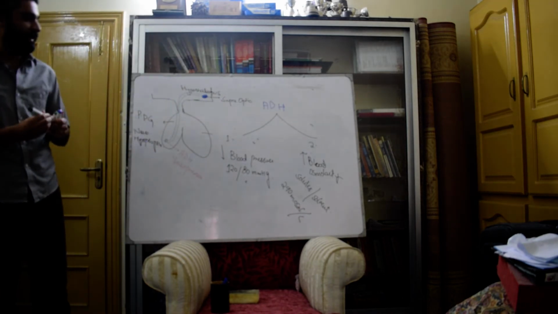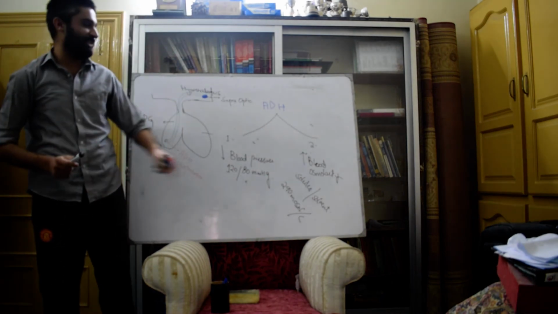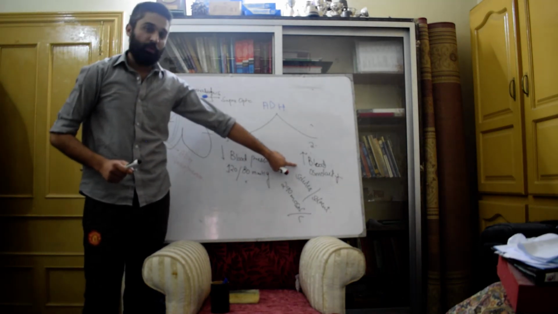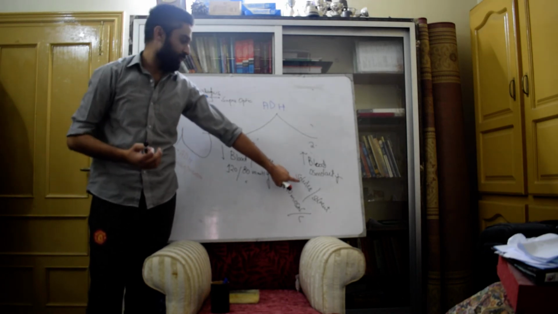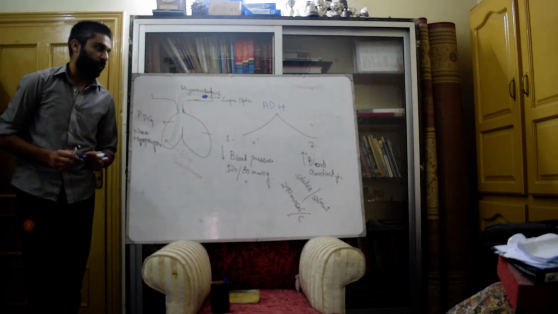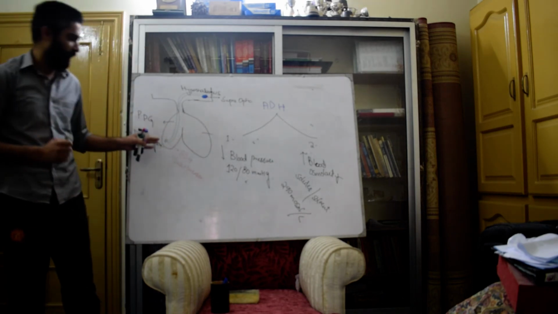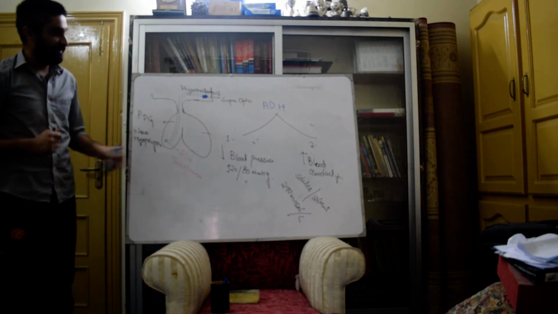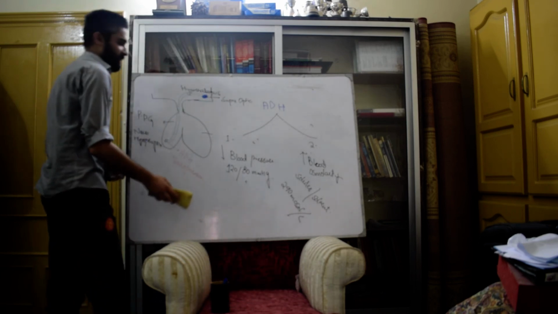Whenever the blood is hyperosmolar, it means the salts are much more compared to the water content. The signals are felt at the supraoptic nuclei, which then give signals for the secretion of ADH or vasopressin hormone.